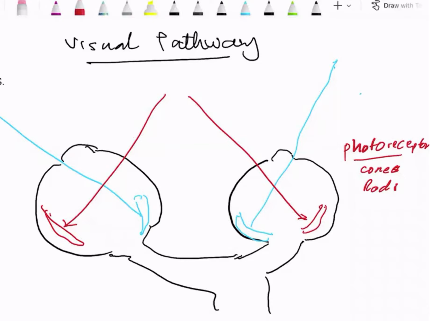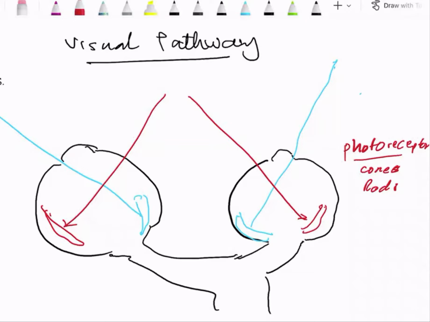Then it will transfer to the bipolar and then to the ganglion cell layer. The ganglion cell layer then will form the optic nerve.